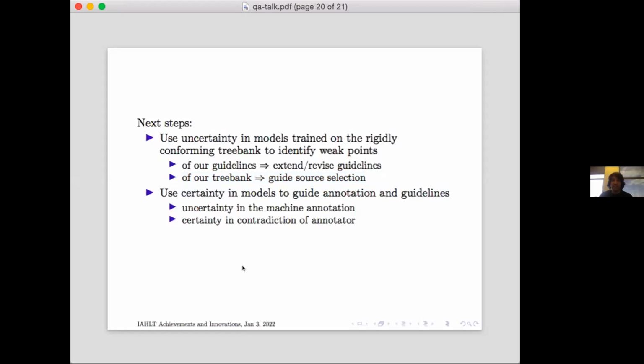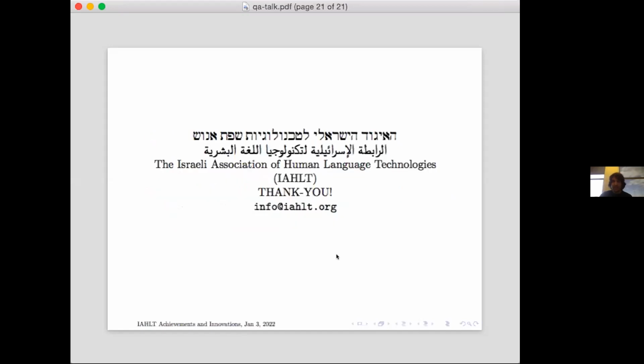Conversely, if the model is extremely certain of something and then the annotator contradicts it, this might be a sign that we should revisit the guidelines, or that the annotator should double check that they're following the guidelines. So that's all that I have.